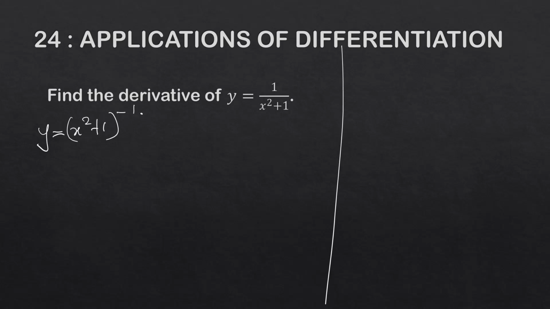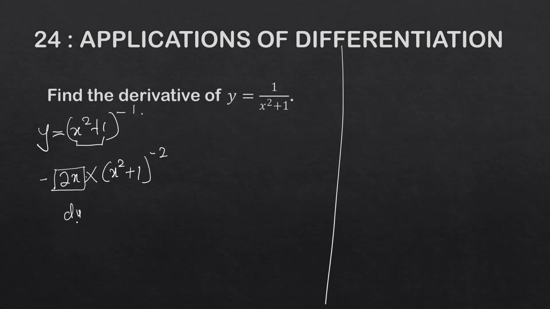I'll use the chain rule. So what I will do, differentiate the one inside the bracket first. So I'm going to have 2x. Then using the 2x, I will multiply everything being differentiated. I'm going to have x squared plus 1 raised to power minus 2, then times minus 1.